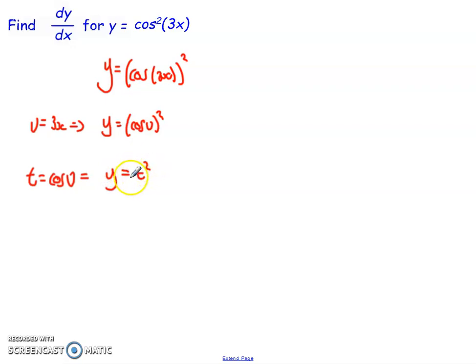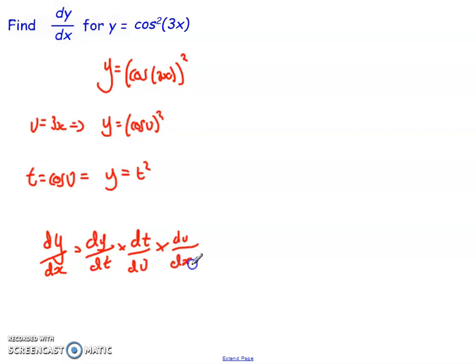So in order to do this, I've now got to get all of my derivatives and then multiply them all together. So let's do dy by dx. What that's going to equal to start with is dy by dt times dt by du times du by dx. So I'll have my three derivatives, one after the other.